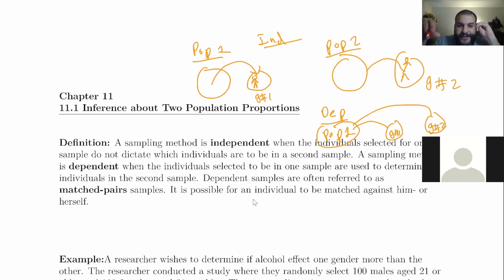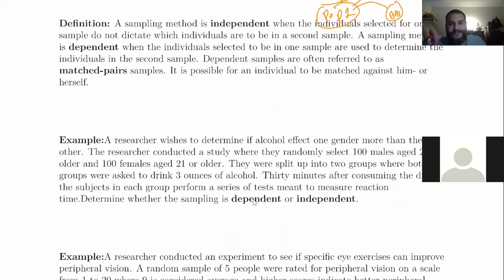All right, so let's do some examples for this. The first one says a researcher wishes to determine if alcohol affects one gender more than the other. The researcher randomly selected 100 males aged 21 or older and 100 females aged 21 or older.